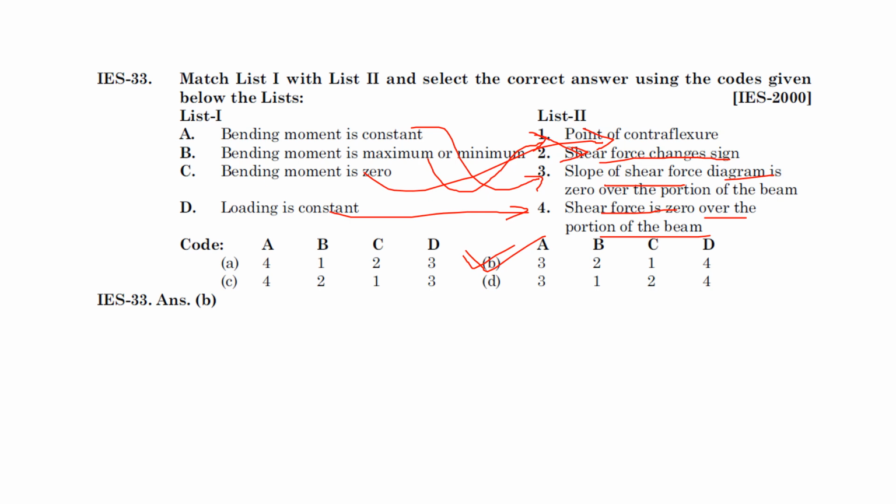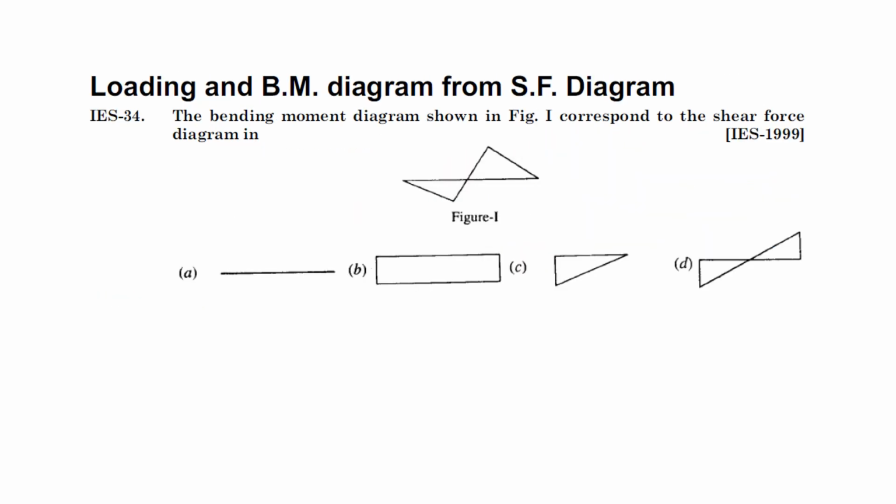This is actually a good question. If you have a very good idea of SFD and BMD, only then can you answer it. Anyway, this is the loading condition, I mean, this is the BMD. They are asking what the SFD is.